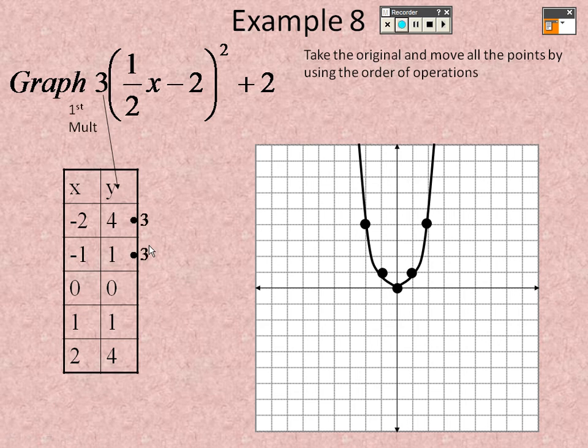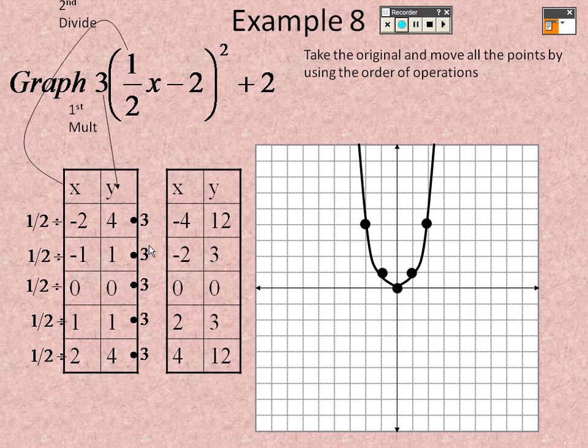So multiply each of those by 3. There they are. Then that half means I need to divide all of those by a half, or multiply by 2. So I divide them all by a half. So this is what I have now. -4, 12, -2, 3, 0, 0, 2, 3, 4, 12.